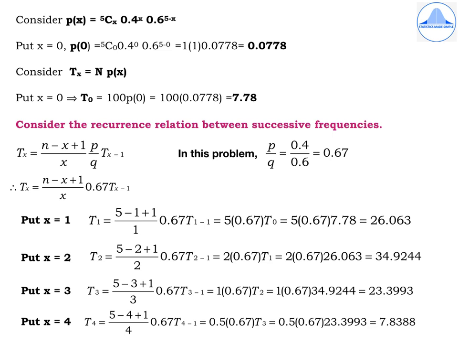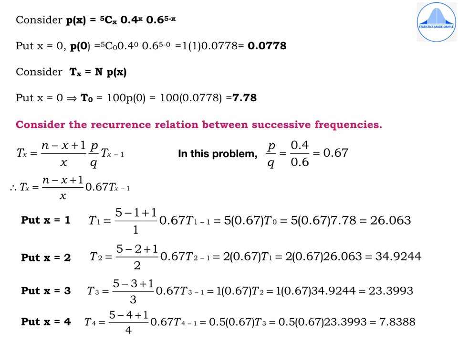Now in this problem, P divided by Q will be equal to 0.4 divided by 0.6, which is equal to 0.67. Here also I am taking only two places after the decimal after rounding off. So our recurrence relation will reduce to Tx equal to n minus x plus 1 by x, 0.67 into Tx minus 1.